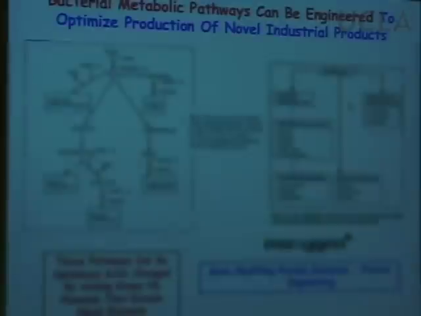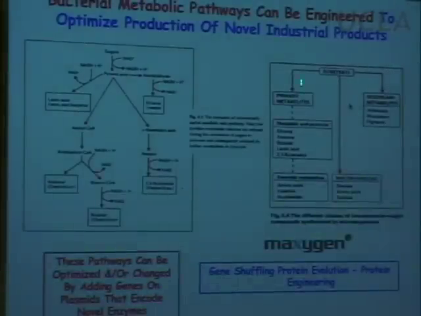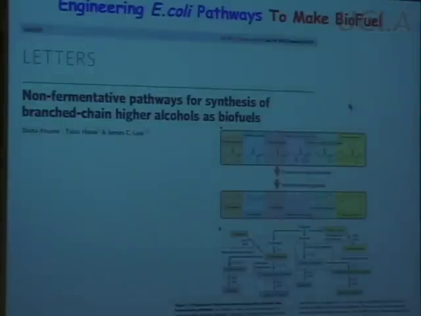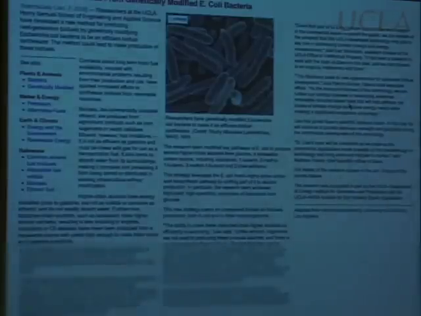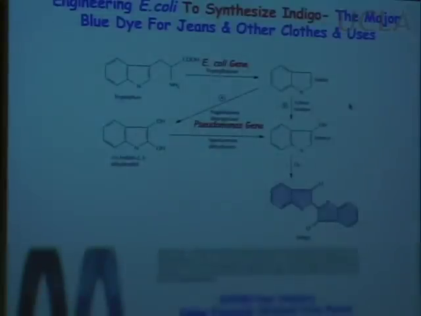But the point here is that one can intercede in this process by using genetic engineering, by using protein genetic engineering. One can make better enzymes, better processes, and better end products, such as biofuels, such as making biofuels in E. coli, such as making dyes in E. coli, dyes that are something that was originally gotten from plants.